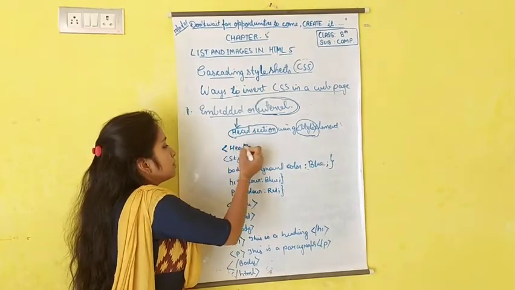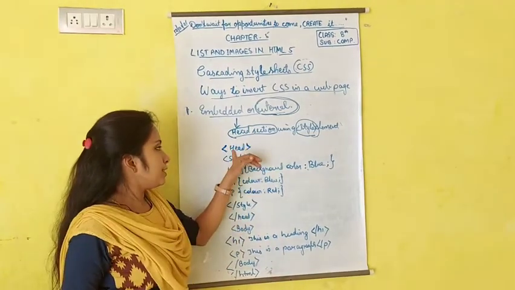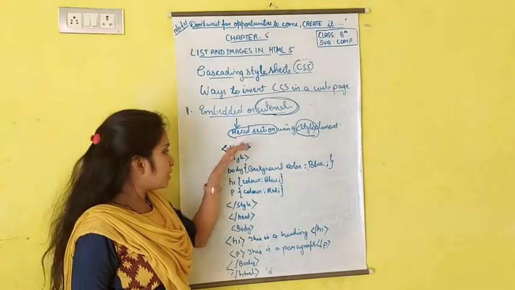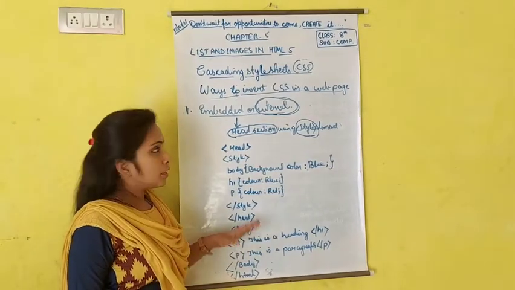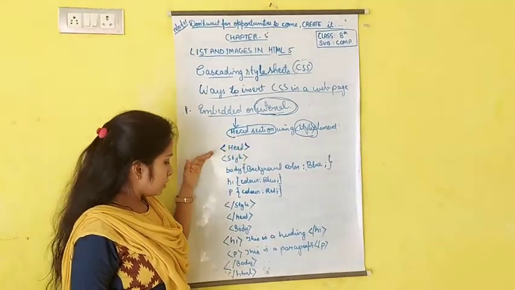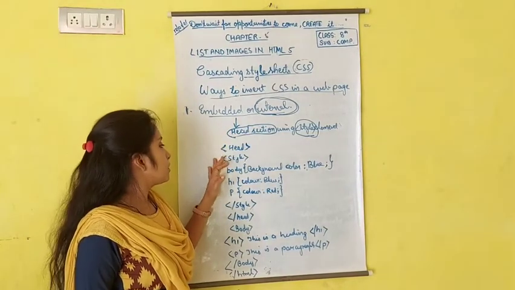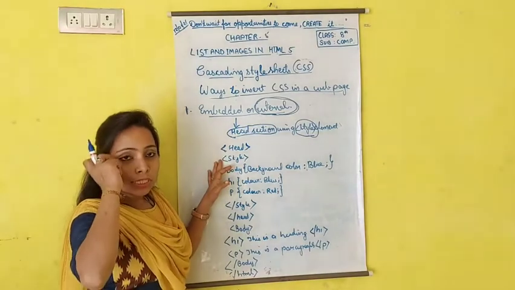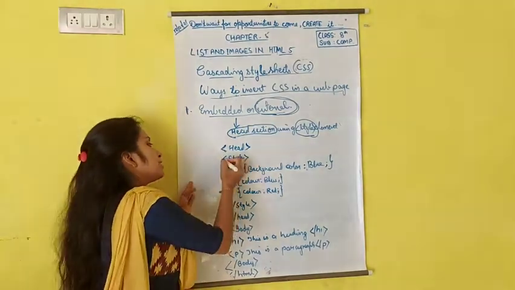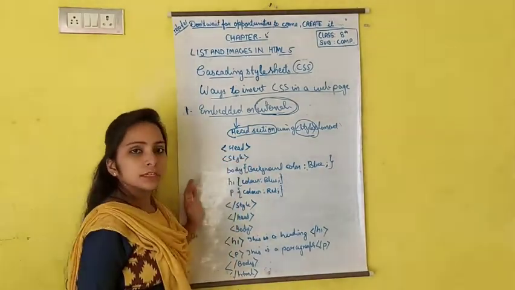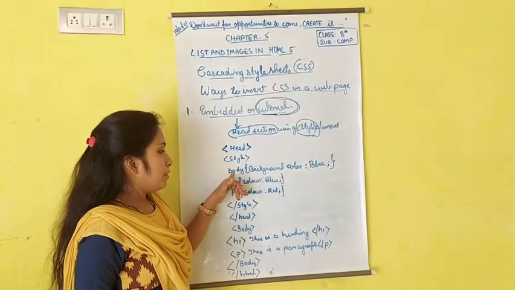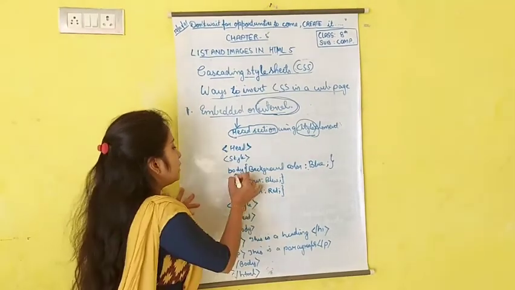See, this head is written at the top because we are changing the head section. So we have to continue with head only. Then style. We are using the style element. So next we will write style. Then body.